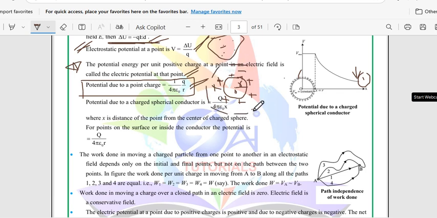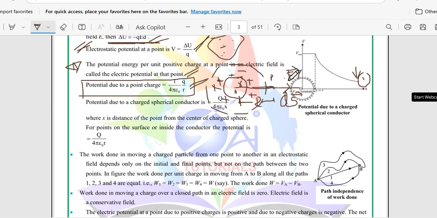Now at a point P, which is at a distance small r from the origin, with surface element dS bar and electric field E bar.